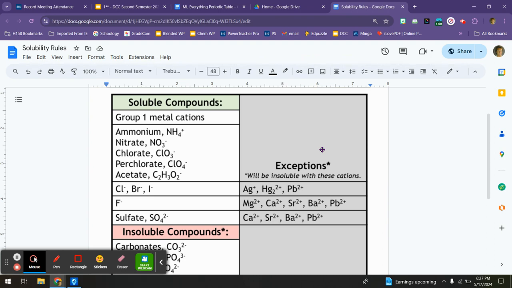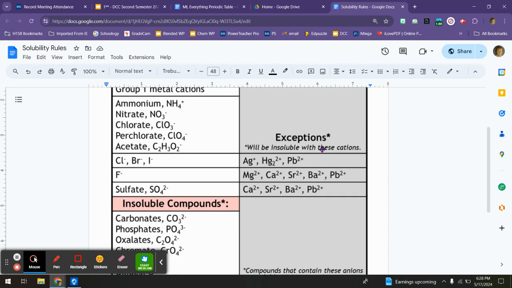Okay, so now that I found what we need, solubility rules. When you write a net ionic equation, remember what you're doing is looking at whether two of the ions combine to form a precipitate, something that's insoluble. If everything in your double replacement reaction is aqueous, we would say that no reaction takes place.